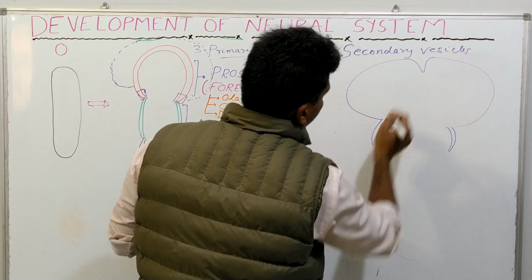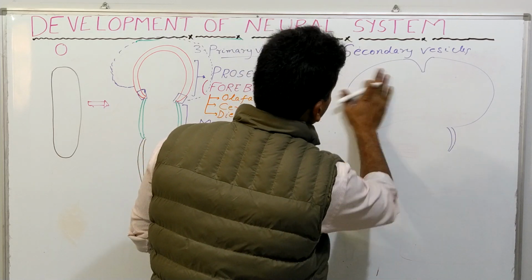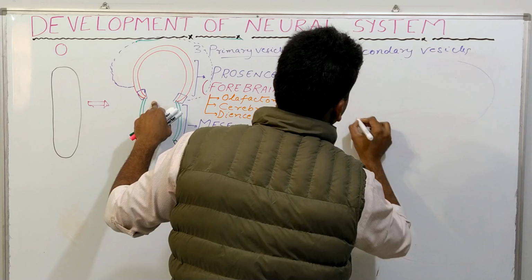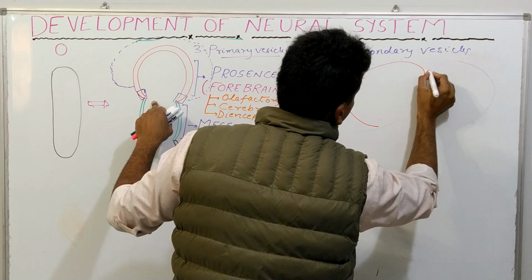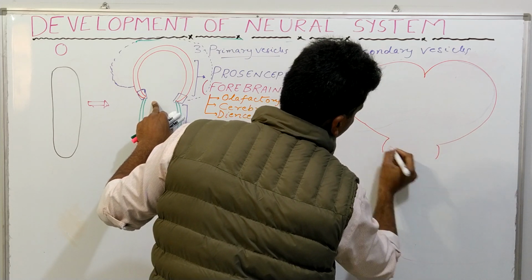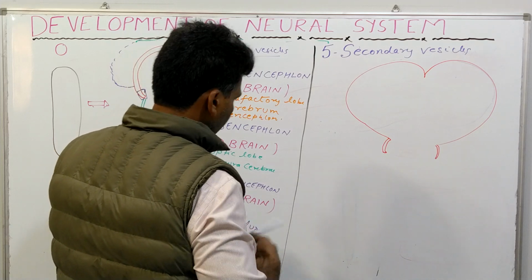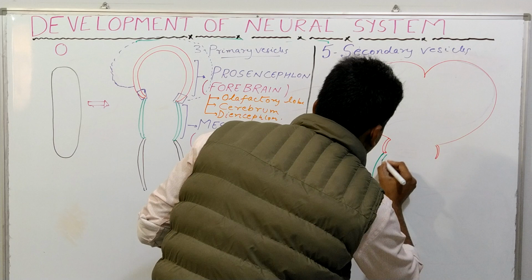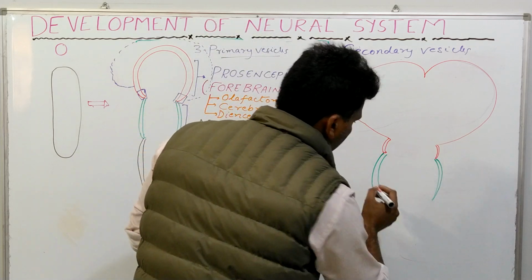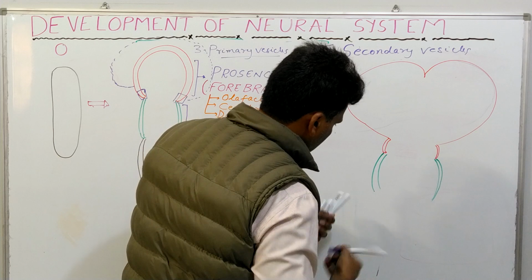So this forebrain again divides into two, and after that there is one more color.